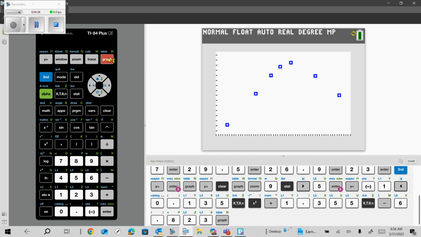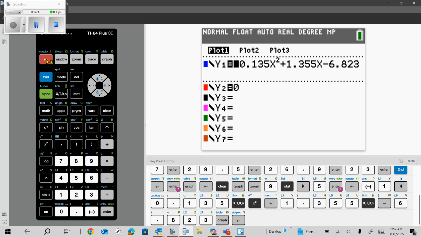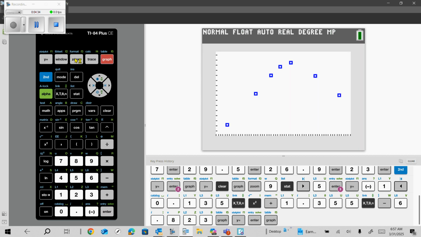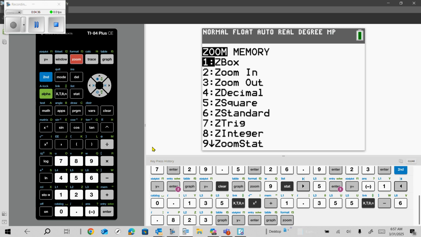We hit graph. Did I store it? Zoom. We're going to go zoom fit, which is 0.